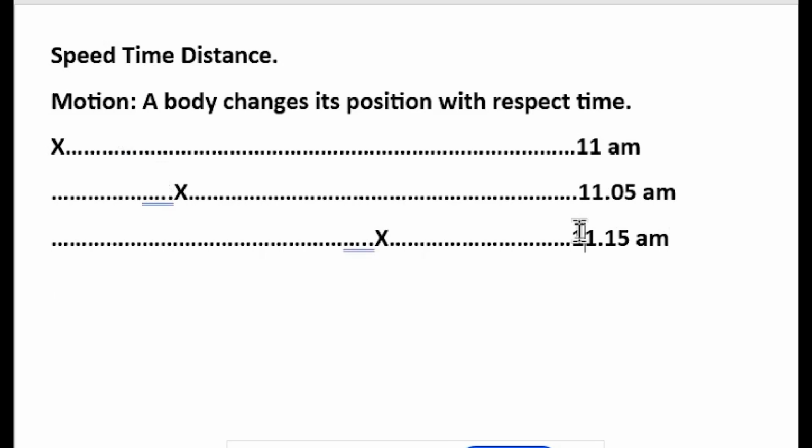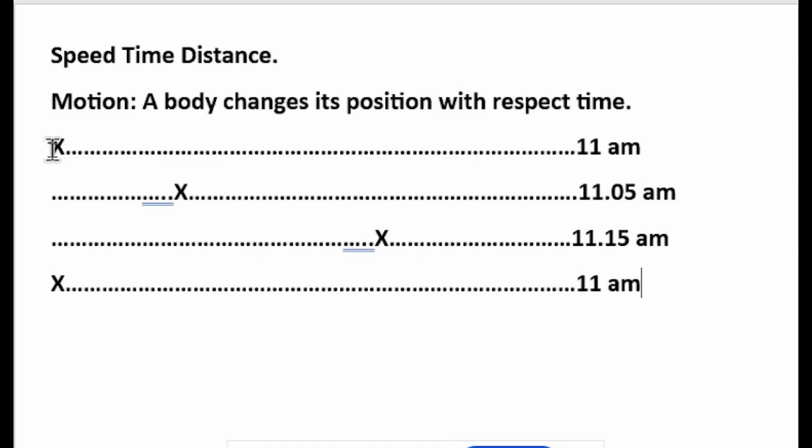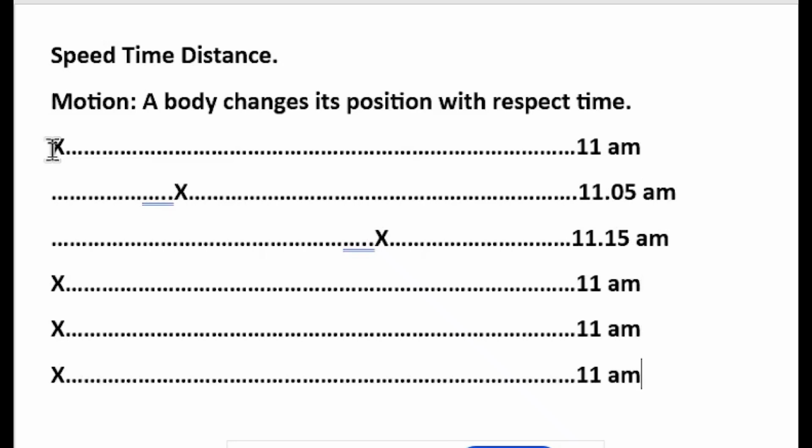Got it? If the body is in the same position always, supposing the body is here at 11, the body is in the same position at 11:05, and the body is in the same position at 11:15.